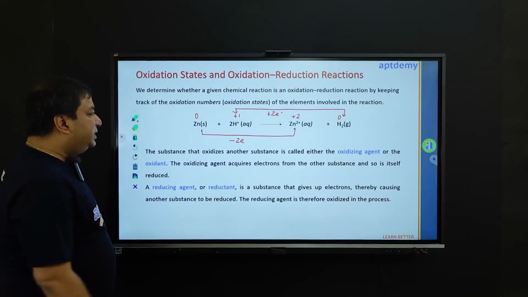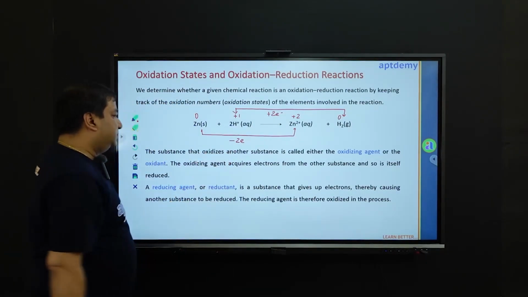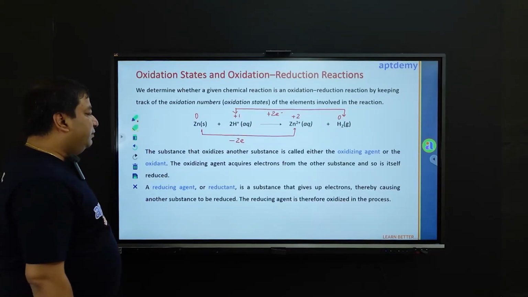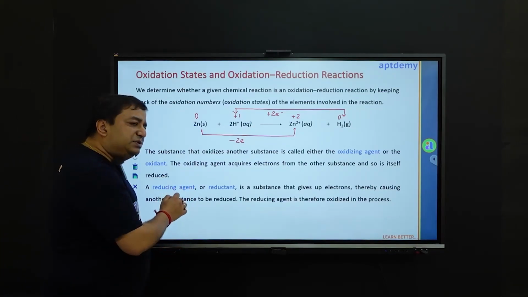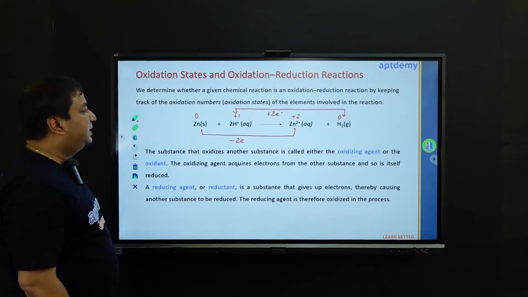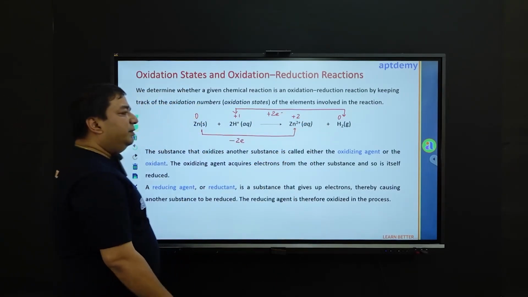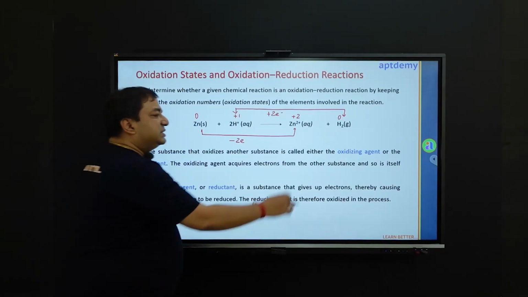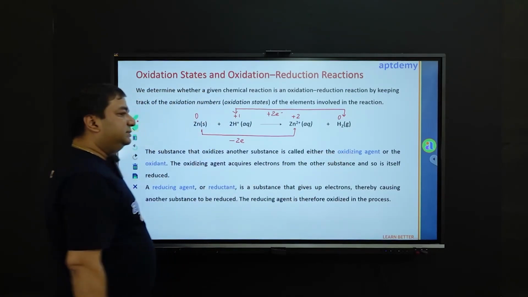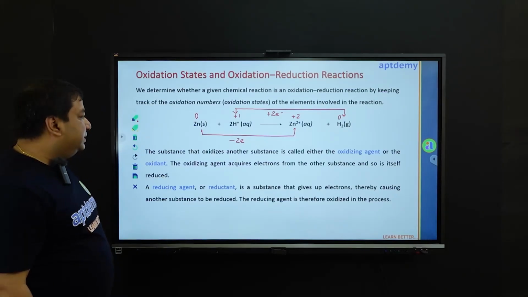Over here, the one that has lost electrons is called a reducing agent or reductant, and the one that has gained electrons is called an oxidizing agent or oxidant.